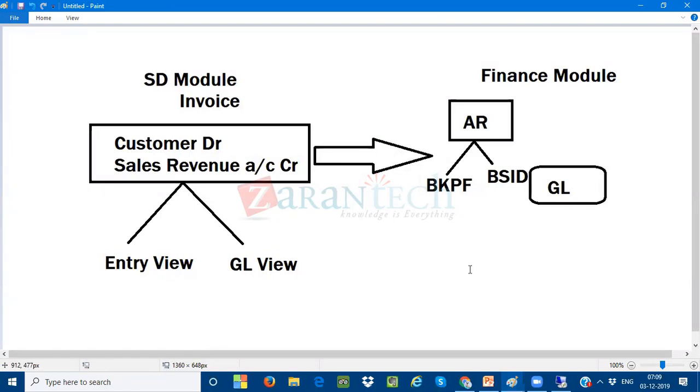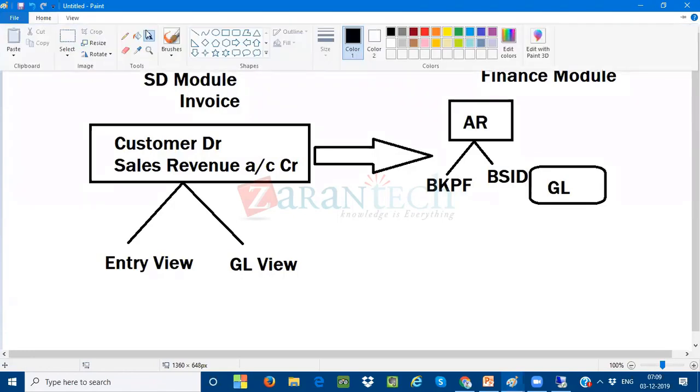Okay, thank you. Every document will have two views. One is the entry view, another is the general ledger view. Now, if I open the document in my finance module, earlier in SAP ECC, the entry view documents are stored in the BSID table, which we call the secondary index tables.